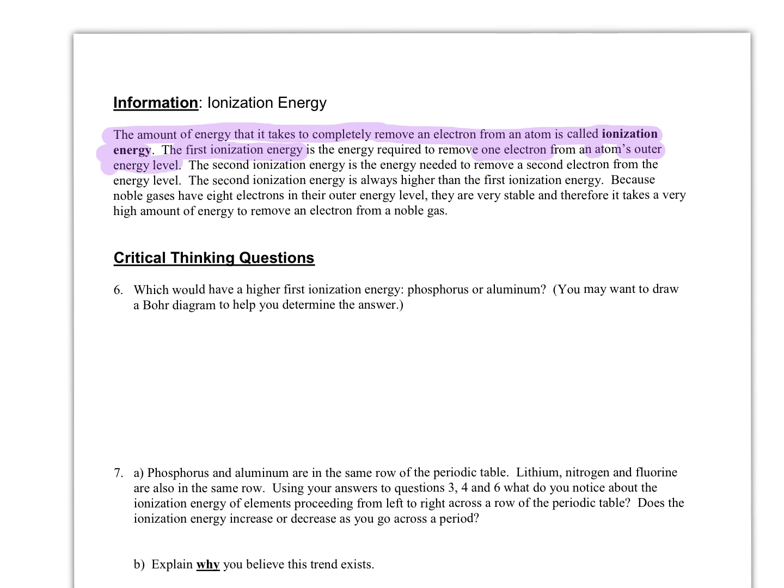Then we also have a second ionization energy. That's the energy to remove the second electron from the energy level. The second ionization energy is always higher than the first. Why? Because noble gases have 8 electrons in their outer energy level. They're very stable, and therefore it takes a very high amount of energy to remove an electron from a noble gas.